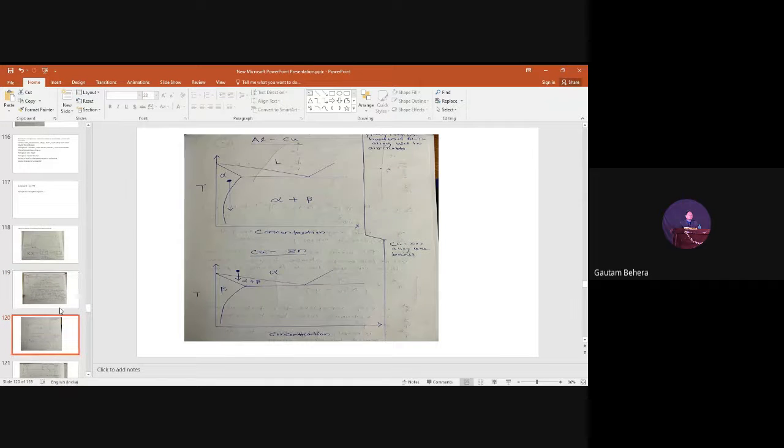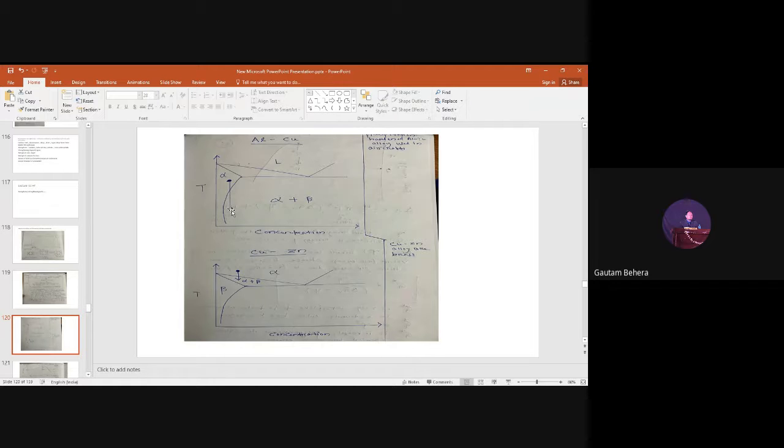Okay, next, this is an aluminum copper phase diagram, a binary phase diagram, but this is not a complete phase diagram, right? I'm not showing this side end completely. So you understand, this is a single phase region, and you are quenching the aluminum copper alloy to this two phase region, alpha plus beta.